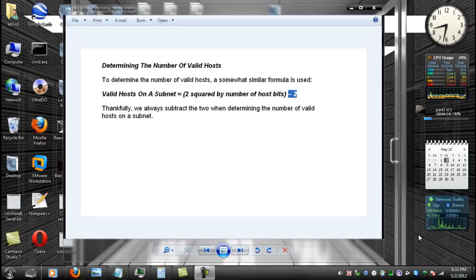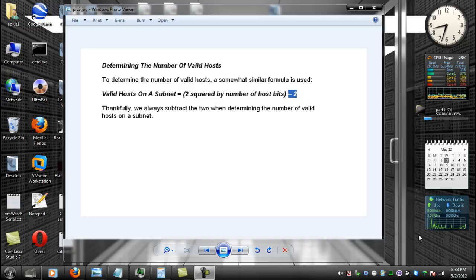But watch this, because when you were validating the subnets, we used 2 to the power of the number of subnet bits. And here, we're using 2 to the power of the number of host bits, minus 2. And thankfully, we'll always be subtracting 2 here. No quibbling about it.